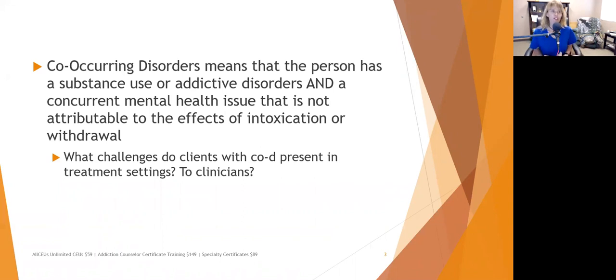Now, as you'll learn later in the presentation, it is ideal if programs have clinicians who are dually trained so they can diagnose both, because clients don't like to have to go through 2 assessments. I wouldn't like to have to do 2 assessments on the same client. So it's important, when possible, that we have the assessing clinicians be capable of diagnosing and creating treatment plans for both substance abuse and mental health issues.